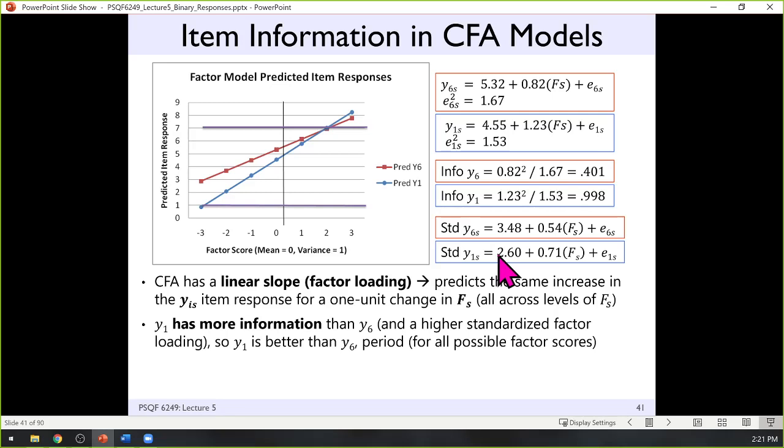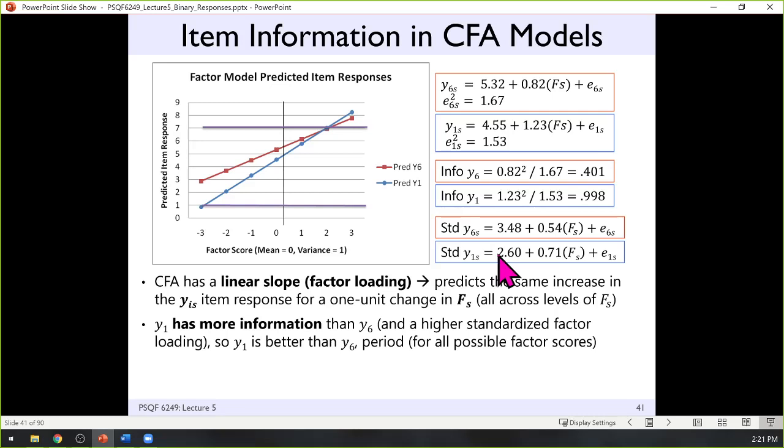If I were to plot the amount of information in each of these items as a function of the trait, the red and blue lines showing the slope in a CFA model would look like this if the y-axis was information. Information for item 1 is higher than for item 6, because item 1 has a stronger factor loading, period. So these information functions are flat for these items.